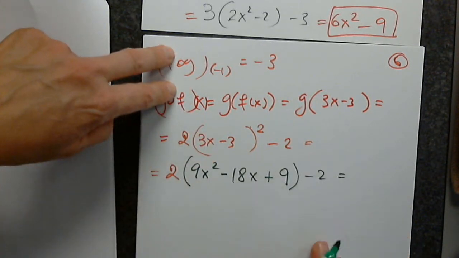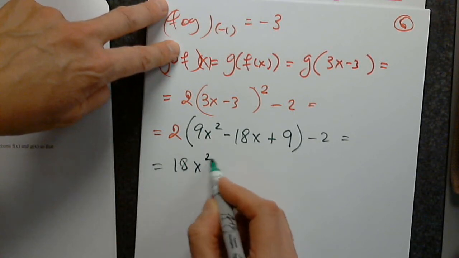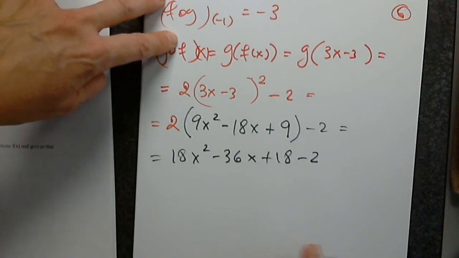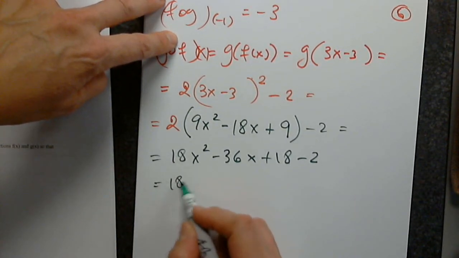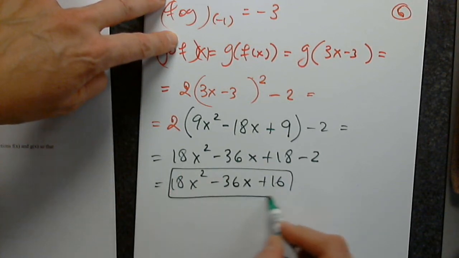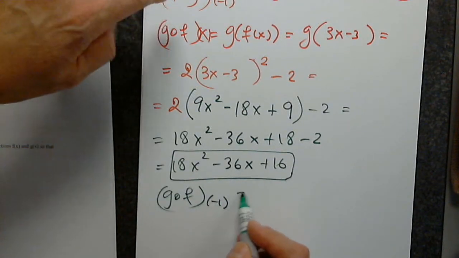Very good. Now you can distribute 2, only now. 18x squared minus 36x plus 18 minus 2. I will combine like terms: 18x squared minus 36x plus 16. And this is done. And now I'm asked to find g comp f of -1.